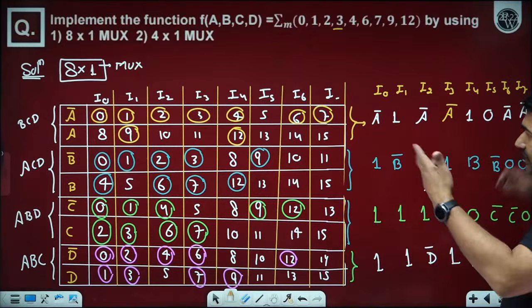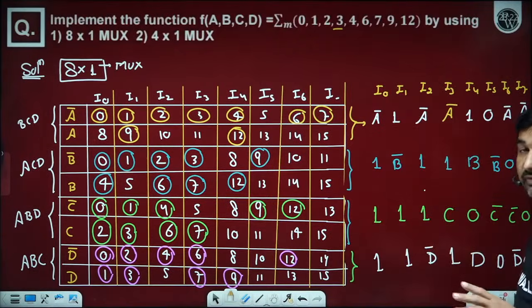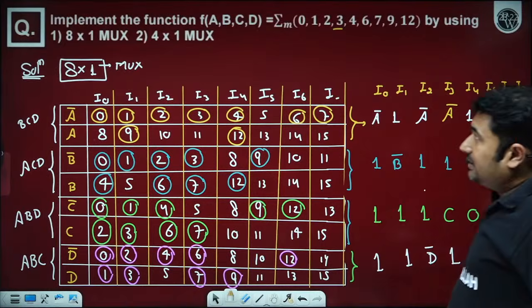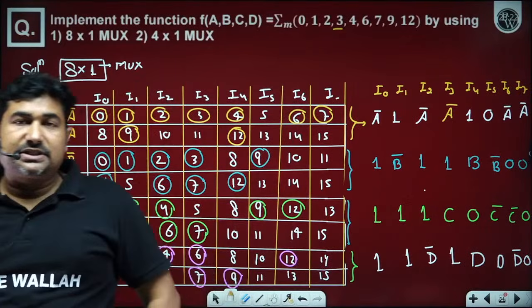But if in some particular function we don't need the complement, then that would be the best possible combination that we can choose. Is it okay, everyone? Please let me know by writing in the comment section, beta ji.